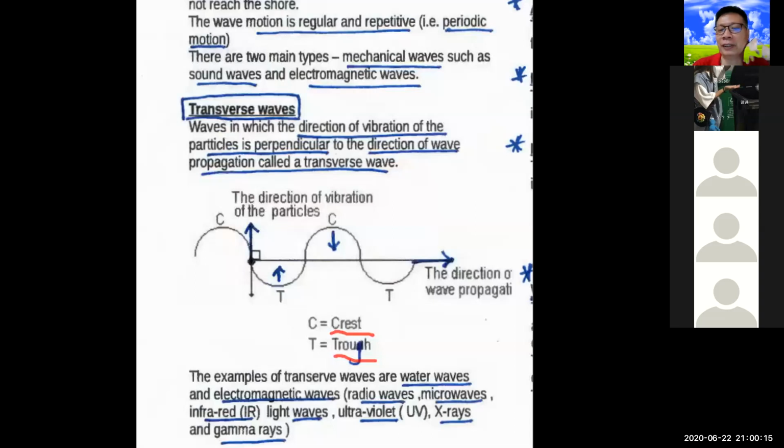You don't want to talk, never mind, you type it up lah. Type out, okay? How to explain transverse wave?